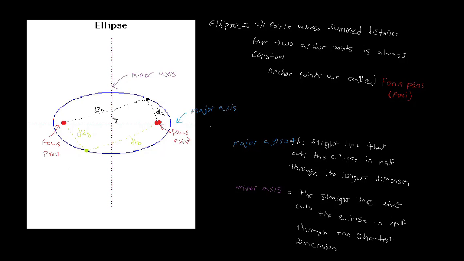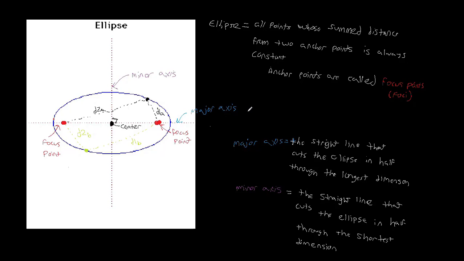Which brings me to one more term I want to talk about, which is the point where the two axes intersect. Let me make that a little bit bigger first. At the point that these two axes intersect, we call that the center.